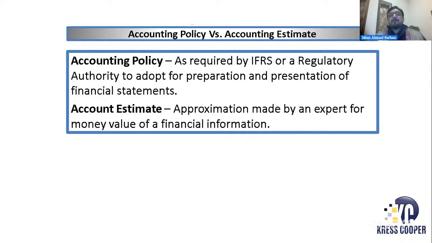For example, the accounting treatment is to depreciate property, plant, and equipment. What should be the depreciation rate? This depends on the environment in which that item would be used.